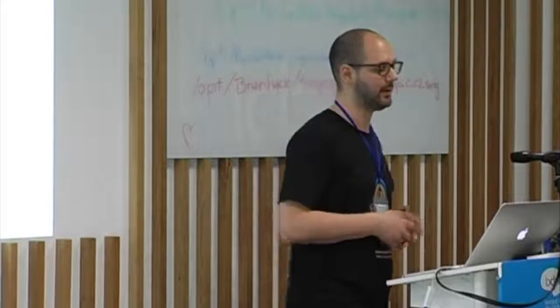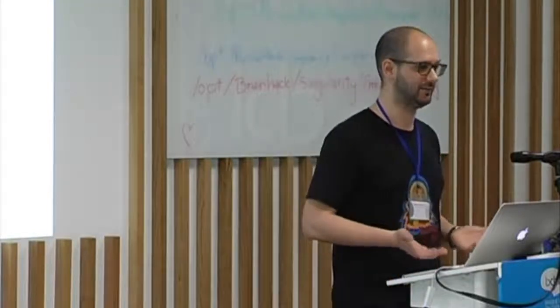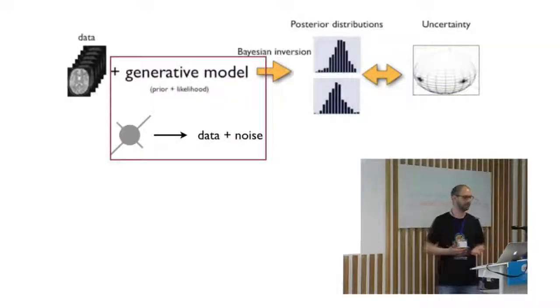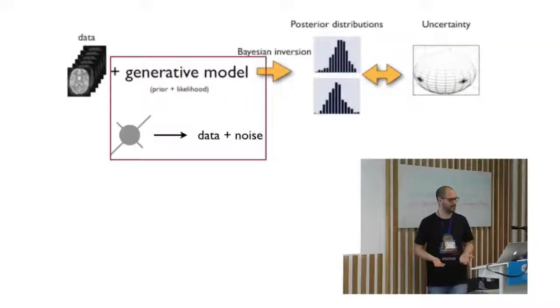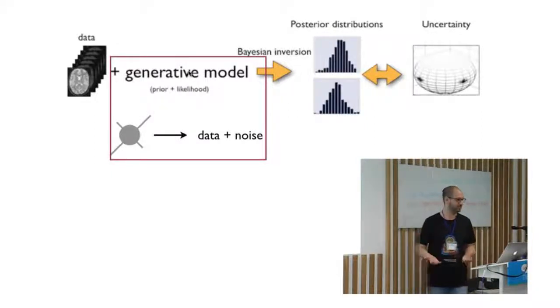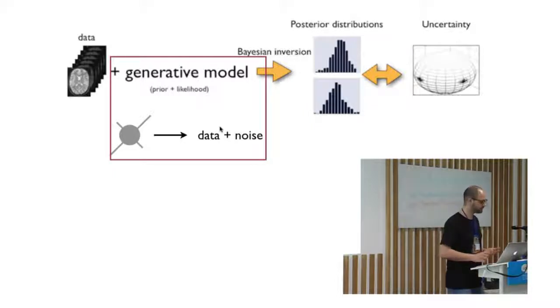And in the case of bedpostx, what we do is use a so-called Bayesian probabilistic framework to get the interesting quantities out of it, which basically means that we have our data sets, we have our generative model. What the generative model effectively is, is the equation that I just showed you before. So you have a way of modeling your signal, and you can also account for noise.